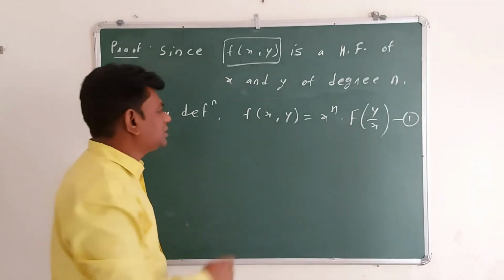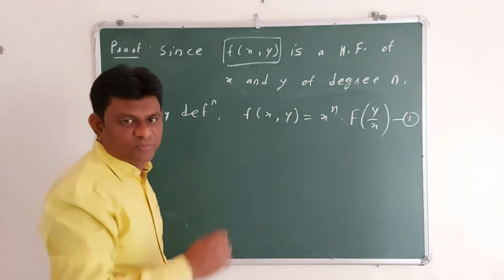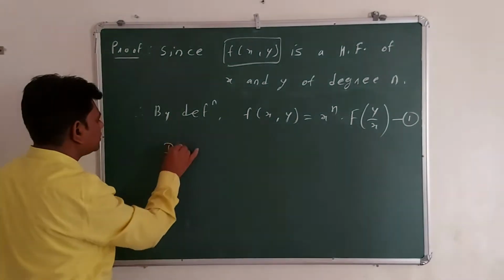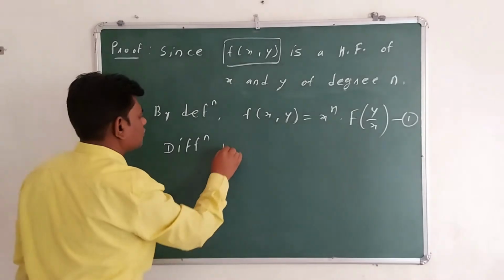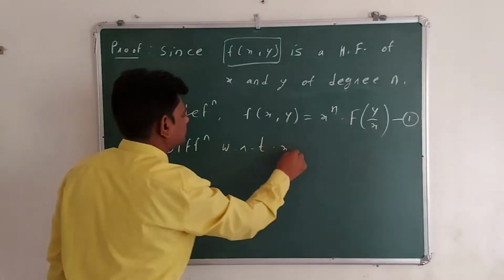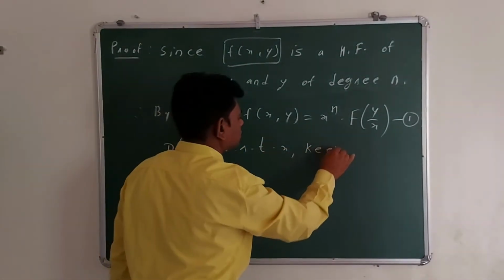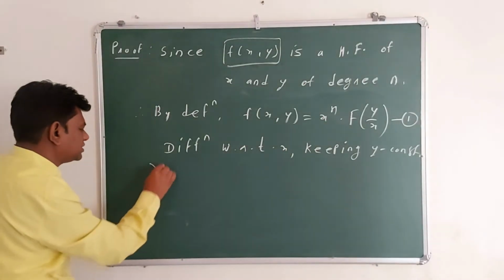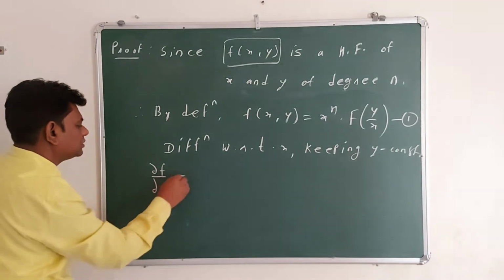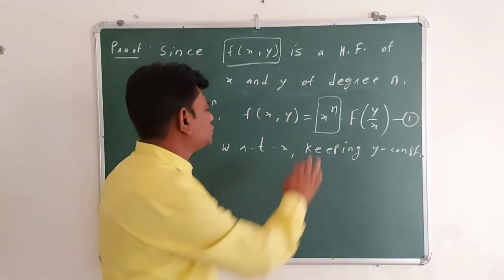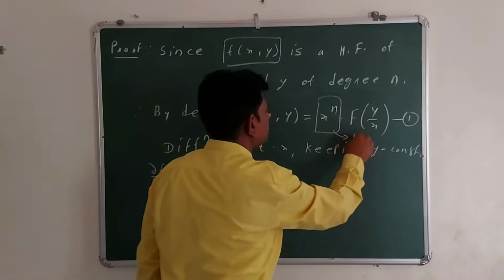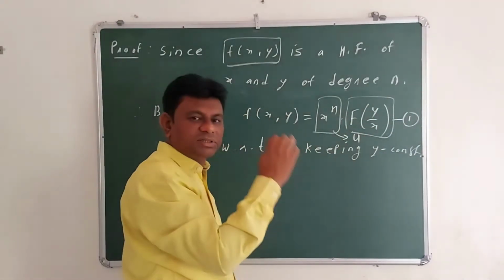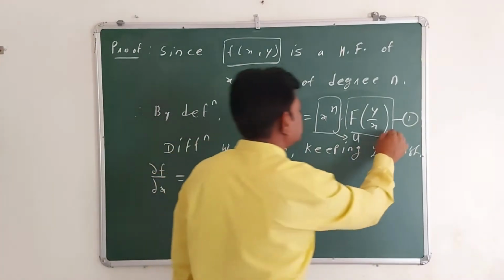First we find the derivative of f with respect to x, keeping y constant. Differentiating this with respect to x, keeping y constant, the derivative of f with respect to x is del f by del x. Now x to the power n is a function of x, denoted by u. Similarly, f of y by x is also a function of x, denoted by v.